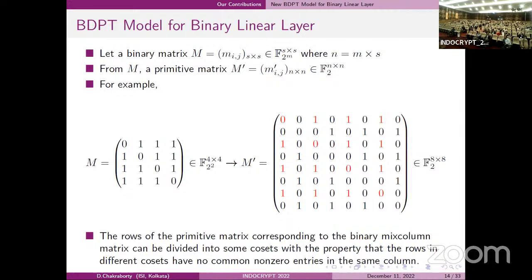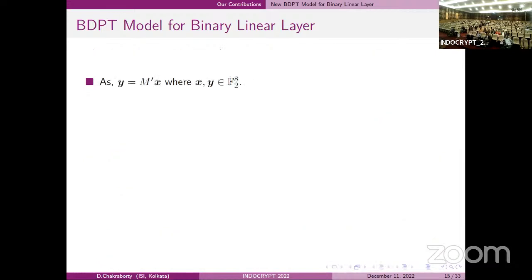As we can see, we can make two cosets: rows 0, 2, 4, and 6, and another coset of rows 1, 3, 5, and 7. They have no common non-zero entries in the same column. This is a key feature of the binary matrix of this form, and exploiting this feature, we are going to build the model.